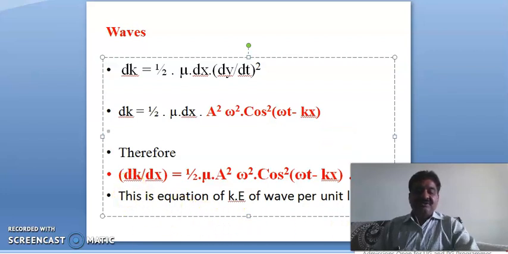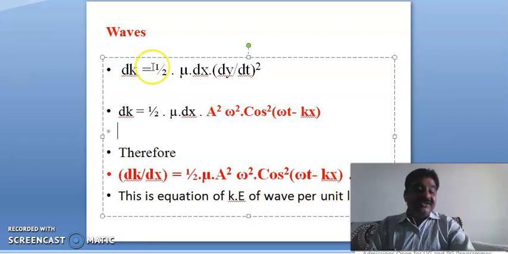Suppose this is equation number 5. This is the equation of kinetic energy of a wave per unit length, because dx is a small length and unit length was already seen in the previous lecture.